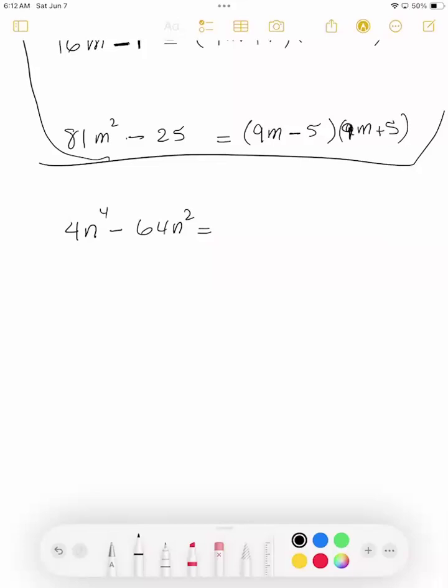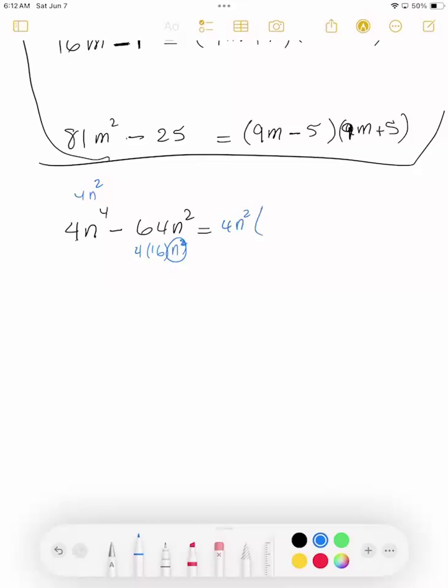I have a 4 here and 4 n's. Over here, I can write 64 as 4 times 16, and I have 2 n's. So both terms have n to the power 2. So the common factor is 4n to the power 2.